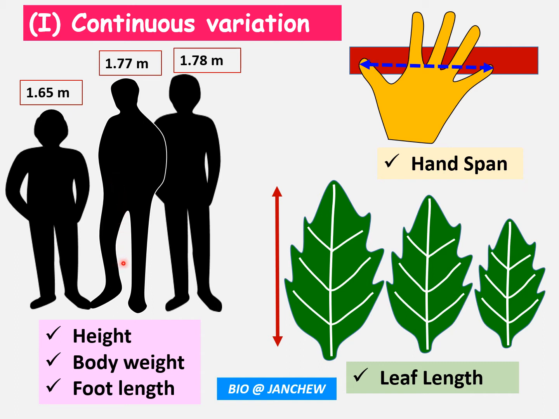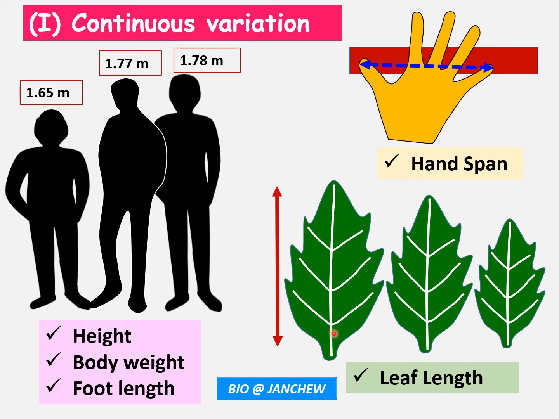Now, examples of continuous variation are height, as seen here, body weight, chest circumference, foot length, and so forth. Even the hand span is an example of continuous variation. That means the distance between the thumb and the little finger. You can measure it with a ruler, so different people have different hand spans.